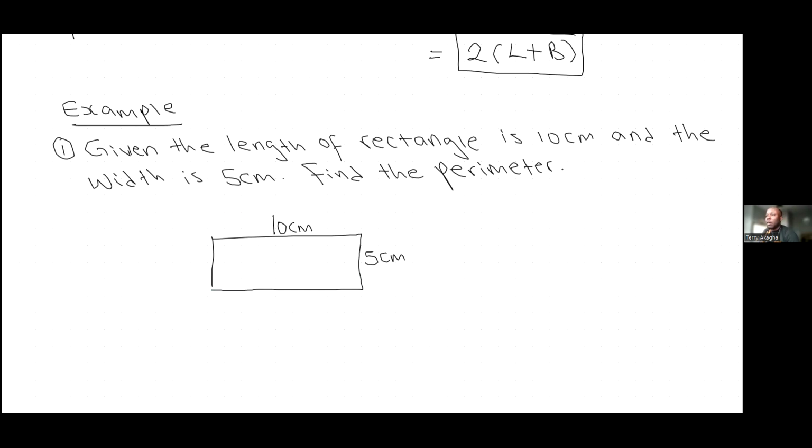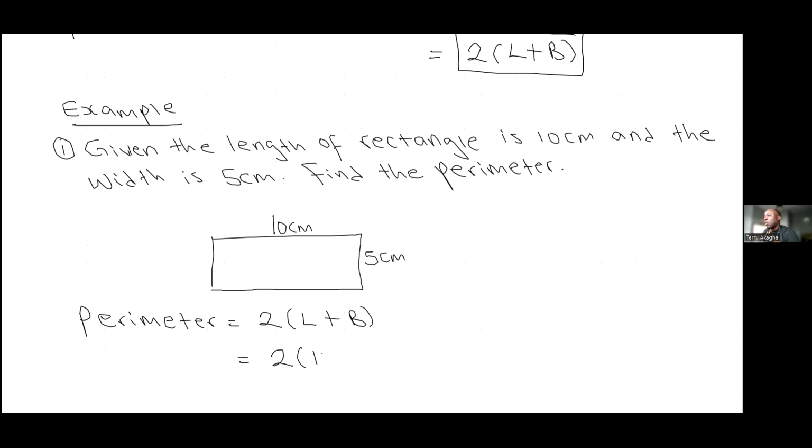So we know that the formula for the perimeter is equal to 2 into bracket L plus B. So that will give us 2 into bracket 10 plus 5.